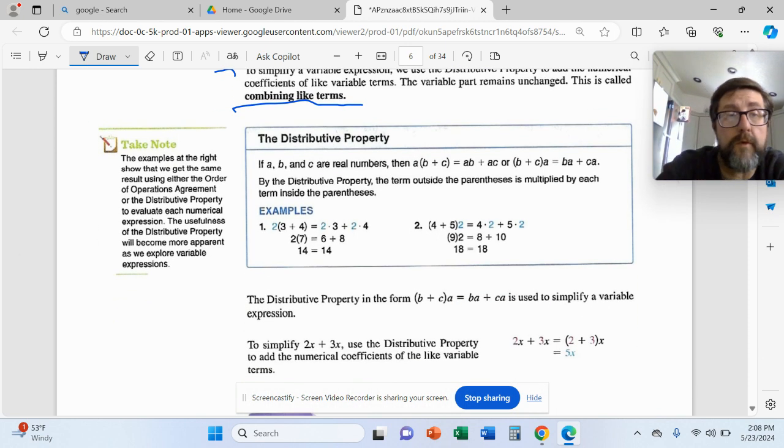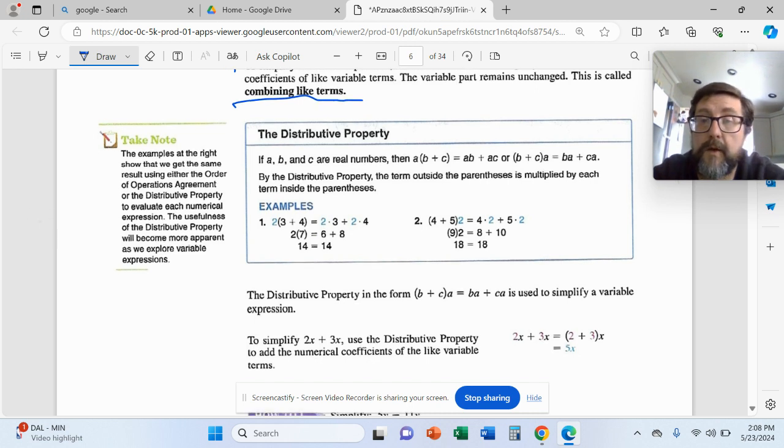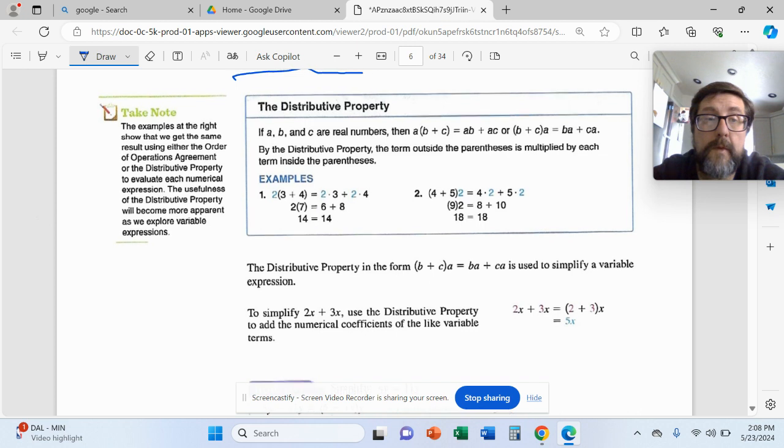The distributive property. If A, B, and C are real numbers, then A times B plus C equals AB plus AC, or B plus C times A equals BA plus CA. Just different ways of combining those terms together.